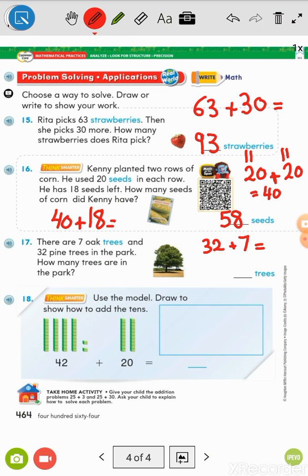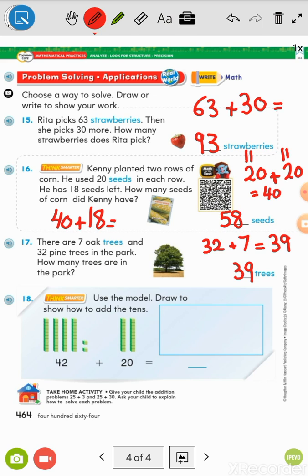So we have 3 lines and 9 circles. So our number is 39.